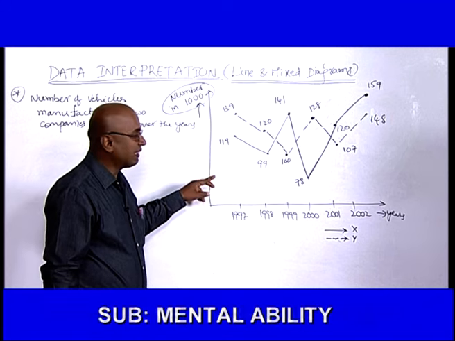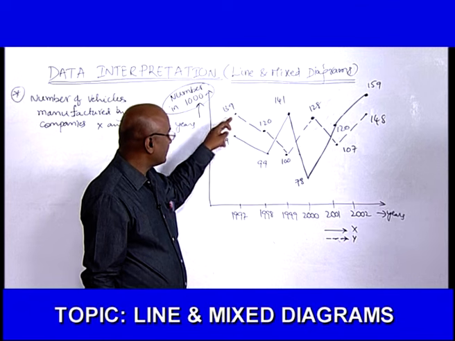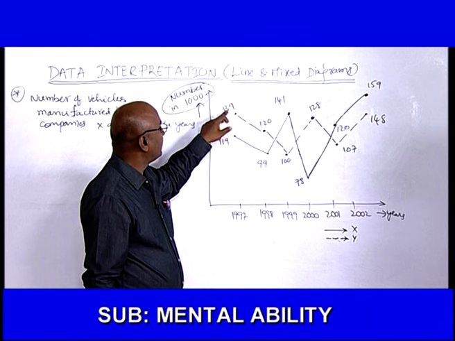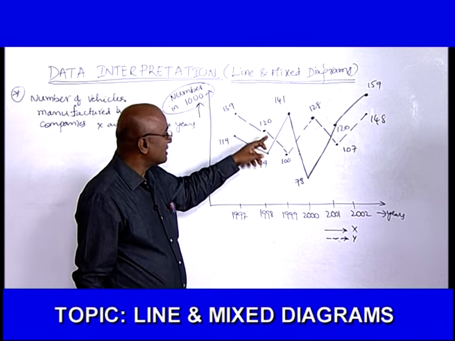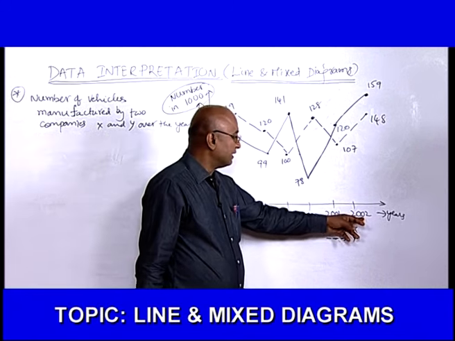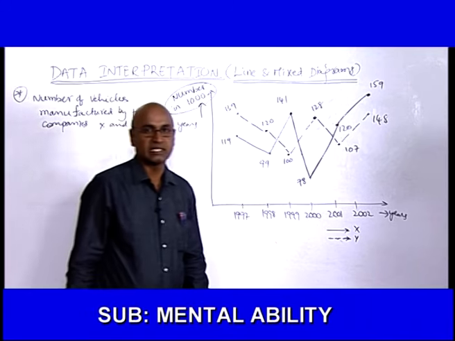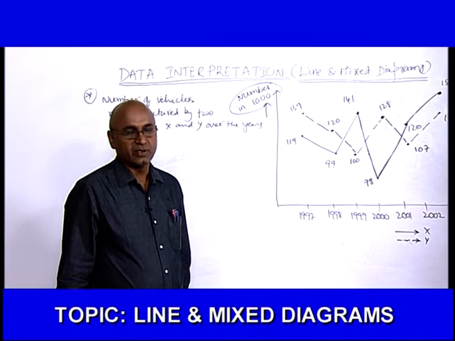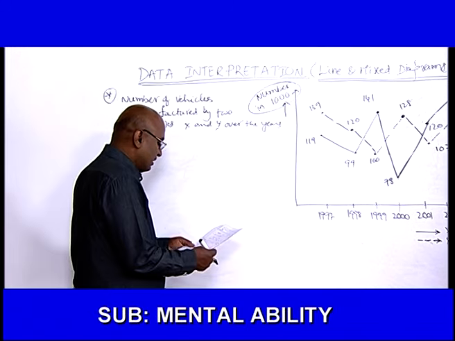Similarly, the vehicles manufactured by the company Y, which is shown with the dotted lines, it is starting with 1997 with 139,000 vehicles, and in the following year 120,000 vehicles, and in the following year 100,000 vehicles, and similarly in the year 2002 it is 148,000 vehicles are manufactured. So X మరియు Y అనే రెండు కంపెనీల యొక్క ఉత్పత్తులు, నంబర్ ఆఫ్ వెహికల్స్ మ్యానుఫ్యాక్చర్ అయినవి ఆ విధంగా ఉన్నాయి.